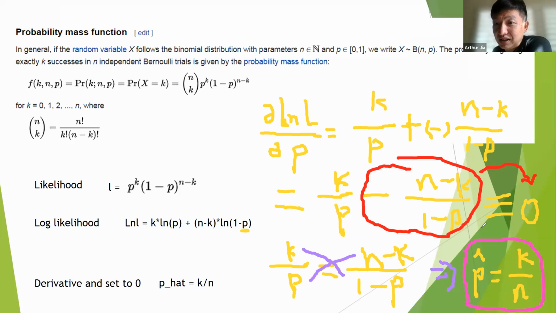This is your data, and you successfully use your data to estimate the parameter of interest. So this is MLE. Can we move forward? Do you need time to write this down? Okay, good. Let me erase this.